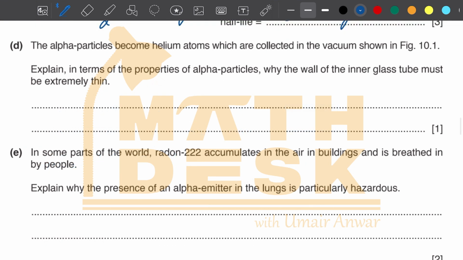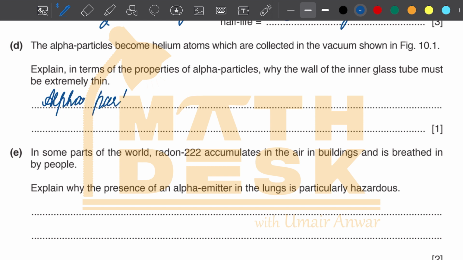In the next part, it says the alpha particles become helium atoms which are collected in the vacuum shown in figure 10.1. Explain in terms of properties of alpha particles why the wall of the inner glass tube must be extremely thin. It should be thin because alpha particles have very weak penetration power.